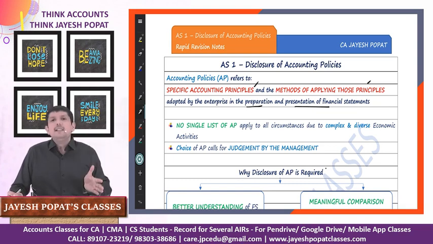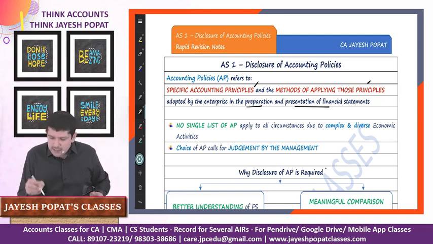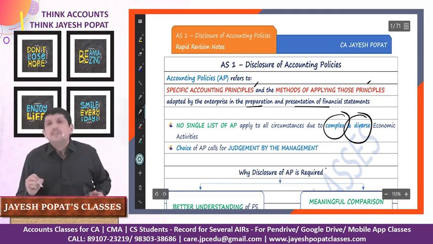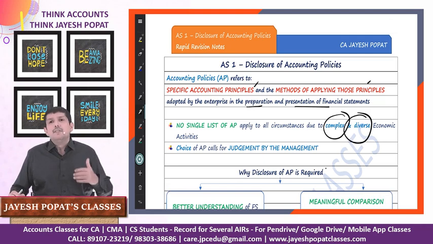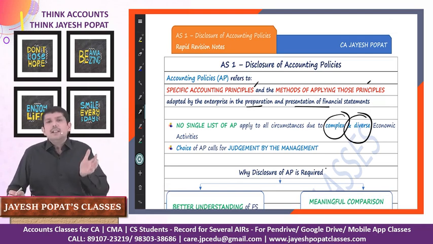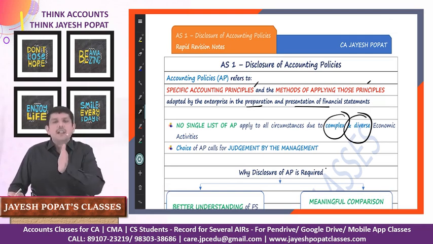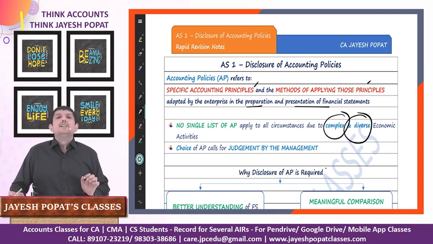So is there a single list which the management will look at and will adopt? No, because various enterprises deal in complex and diverse scenarios. Each enterprise will have a different line of business. They have a different compliance structure, regulatory structure, and the method in which they operate will be different. So since they operate in a complex and diverse economic environment, there cannot be a single list of accounting policies which could be adopted.